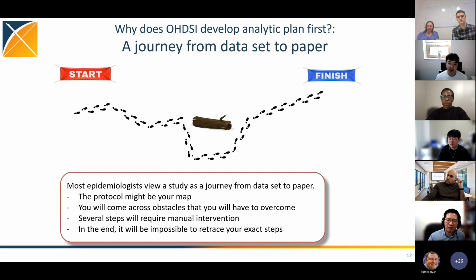Most epidemiologists view a study as a journey from data set to paper, and the protocol might be your map, and you will come across obstacles that you will have to overcome. And you had several steps requiring manual intervention, and in the end, it will be impossible to retrace your exact steps.